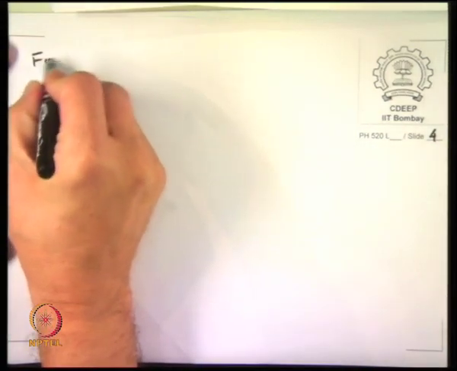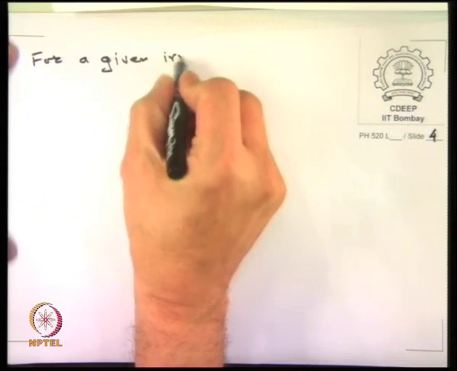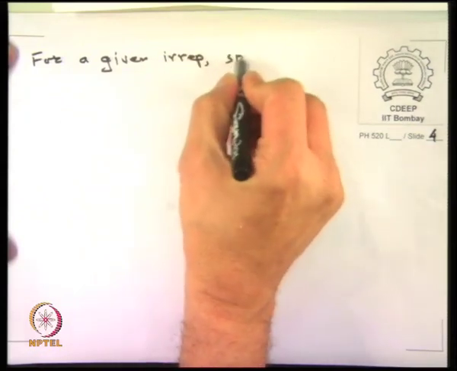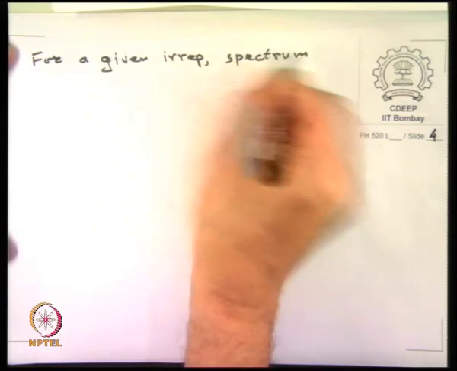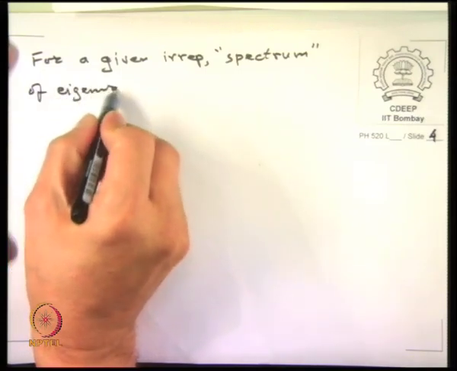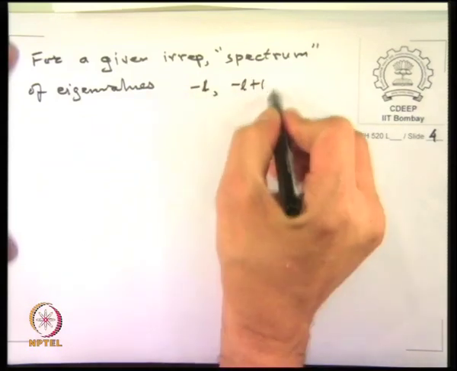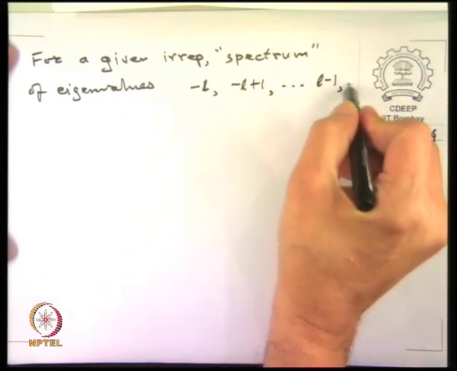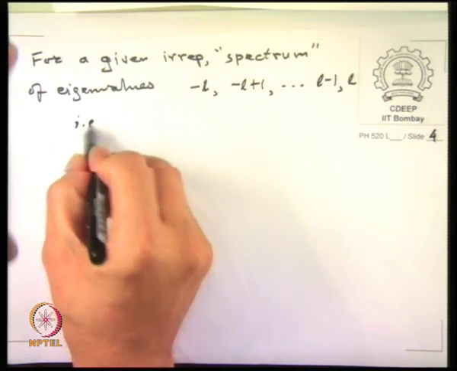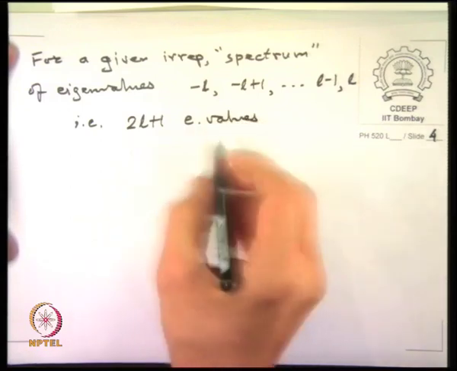This is the word people use. For a given irrep, spectrum of eigenvalues minus L, minus L plus 1 up to L minus 1 and L. So, i.e. 2L plus 1 eigenvalues and that many eigenvectors.